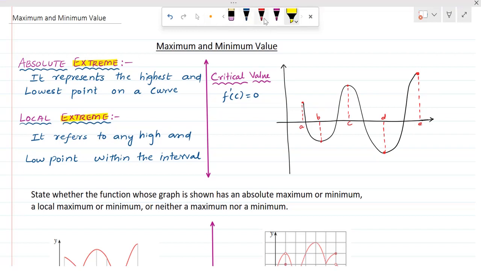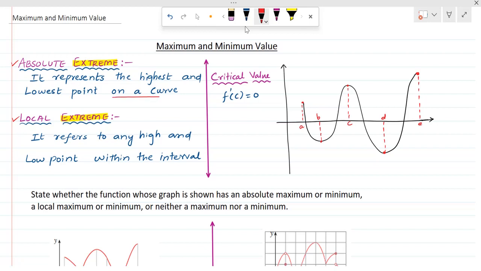There are two things we will have: absolute maximum and local maximum. We say absolute or global, both are the same, and local or relative, which is the same. The absolute maximum represents the highest and lowest point on the curve.